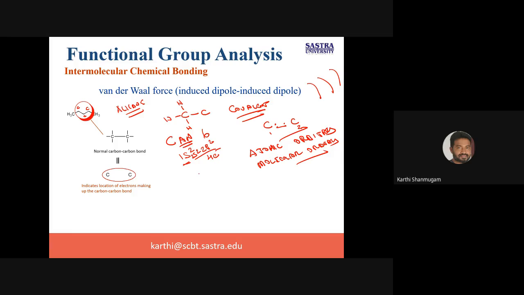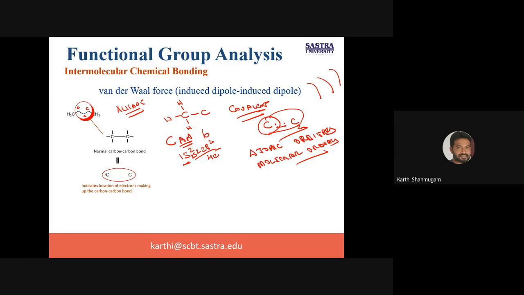Okay. So each atom will have an electronic cloud. When two atoms interact with each other, the atomic orbitals of the atoms combine to form the molecular orbital. It's very basic science. I'm not going into detail, right? The intention is just to help you understand what is essential for understanding the van der Waals interaction.